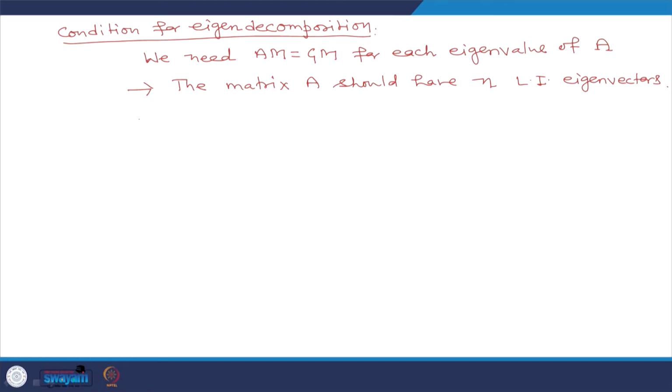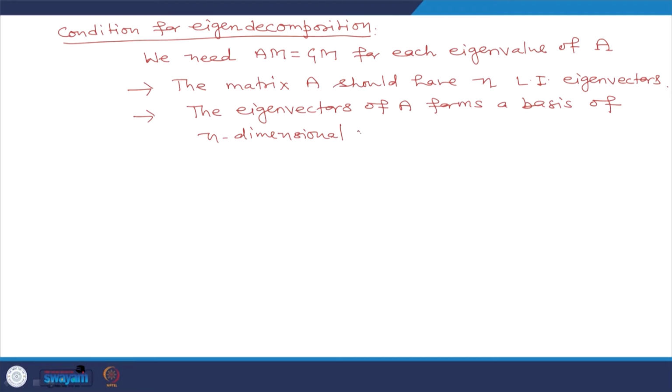Or in other words, the eigenvectors of A form a basis of the n dimensional vector space on which the matrix A is defined, meaning it is a linear transformation. So, this is the condition for Eigen decomposition.